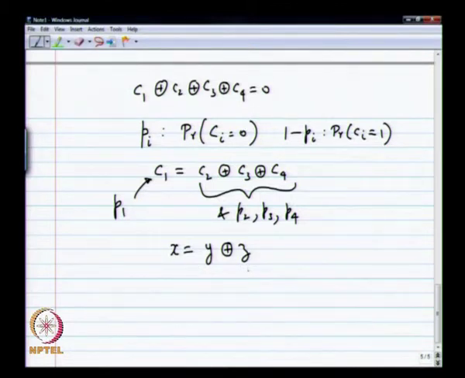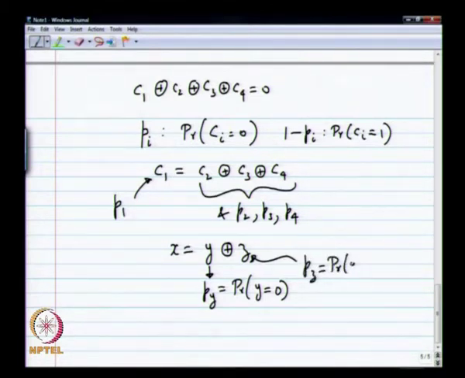Suppose I give you x equals y XOR z and Py is the probability that y is 0, it does not matter. Likewise here Pz is the probability that z is 0, okay.